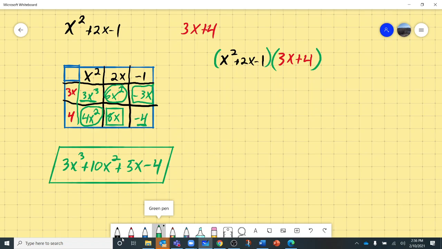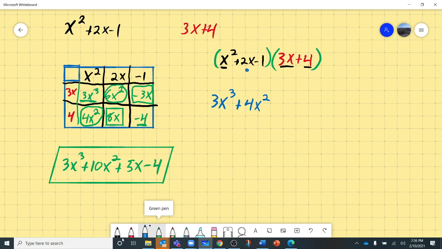Okay, so the x squared is my first term. I'm going to make sure that I multiply that by the 3x and by the 4. So x squared times 3x gives me 3x cubed. X squared times 4 is going to be plus 4x squared.